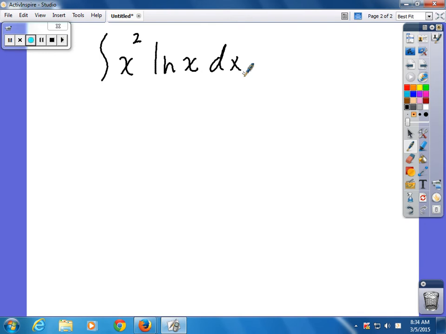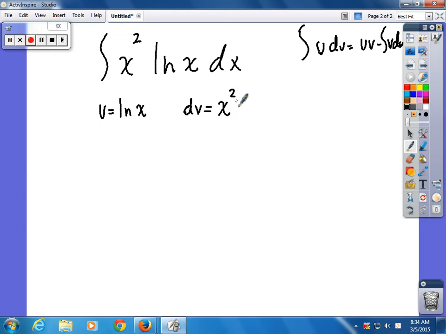Ultraviolet minus voodoo. So I would make u equal natural log of x, and I would make dv equal to x squared dx.